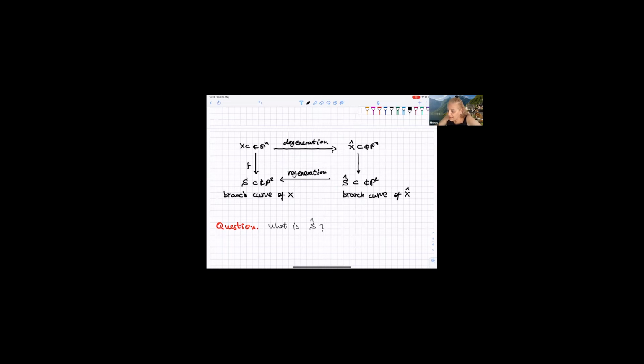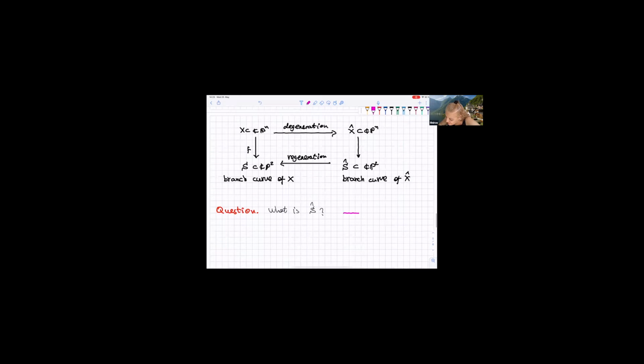So let me take again the above example because it's very nice and very easy to explain on it. The one with the 3-on-1. I will draw it again and we will work on it. So I remind you that this is X hat equals the union of 6 planes.